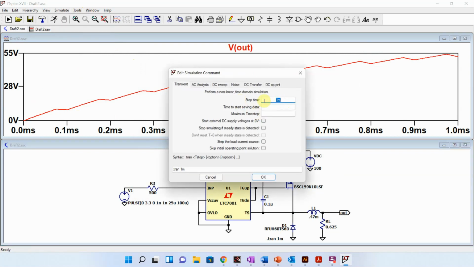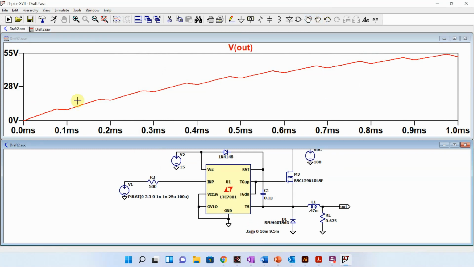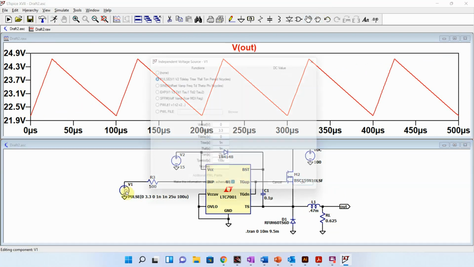And go back to the 10 milli and the 9.5 milli. And run this. And then you see we're around this 25, and we're around the 25, and everything looks pretty good. We obviously have to change this a little bit to get it the right one.